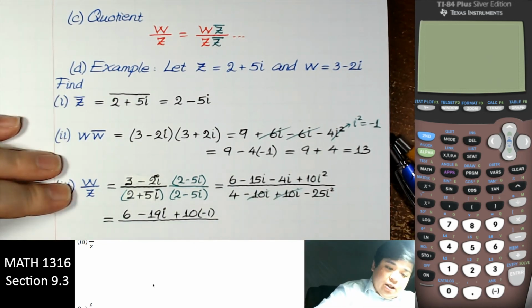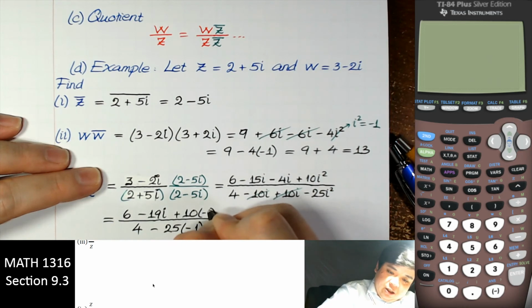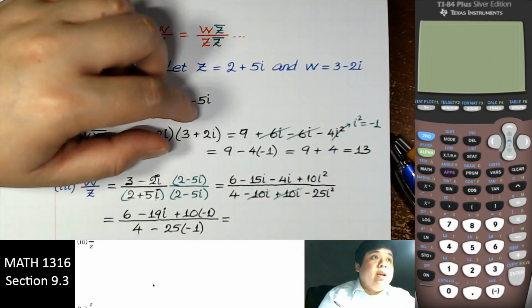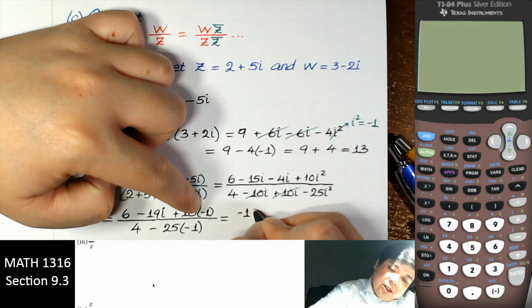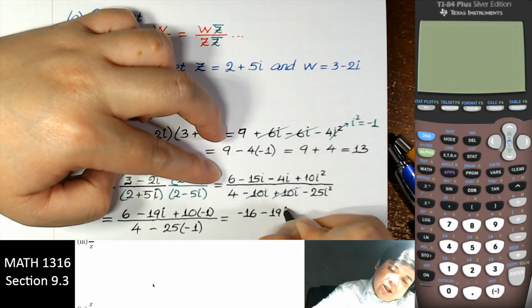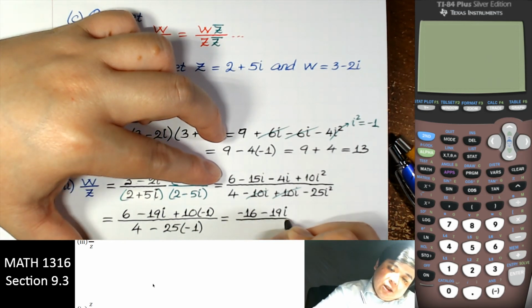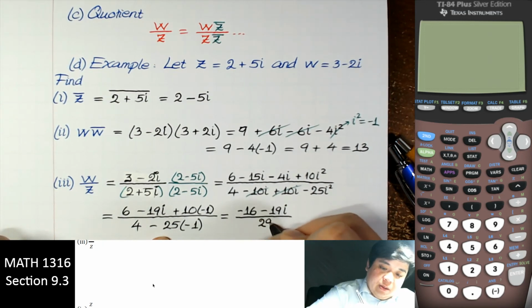The imaginary parts cancel out. 4 minus 25 times negative 1, that's 4 plus 25, which is 29. The top is 6 minus 10, that is minus 4, minus 19i.